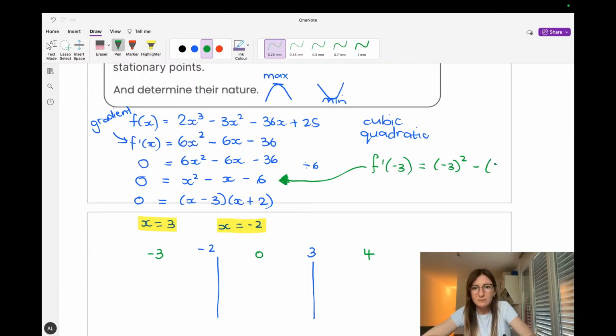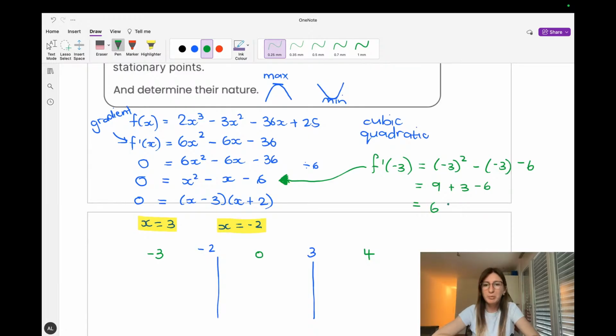Minus x, which is minus 3, minus 6. So let's see, what do I get? This becomes positive 9. Remember, minus 3 squared gives us 9. This becomes a positive 3, and this is just minus 6. So 9 plus 3 is 12, minus 6 gives us 6, which is positive. So at minus 3, it's positive.